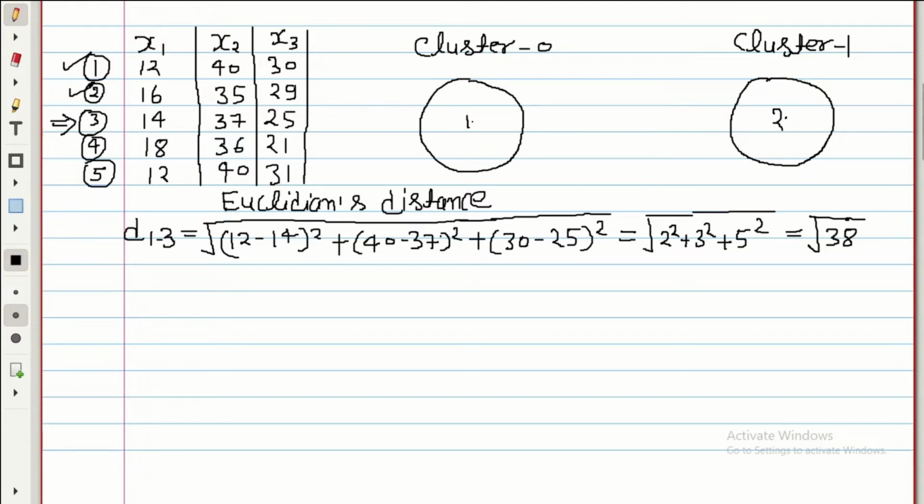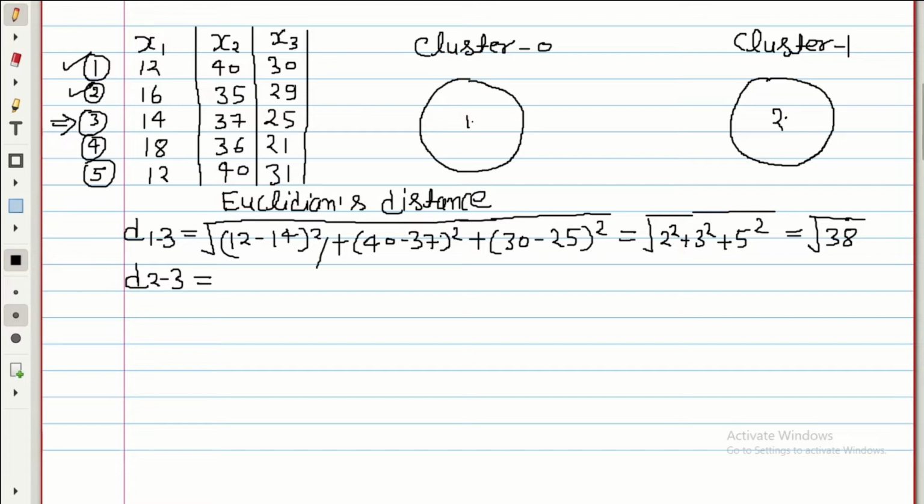Now let us calculate the distance from 2 to 3, because you want to decide whether instance number 3 will go in cluster number 0 or in cluster number 1. So you are computing the distance.